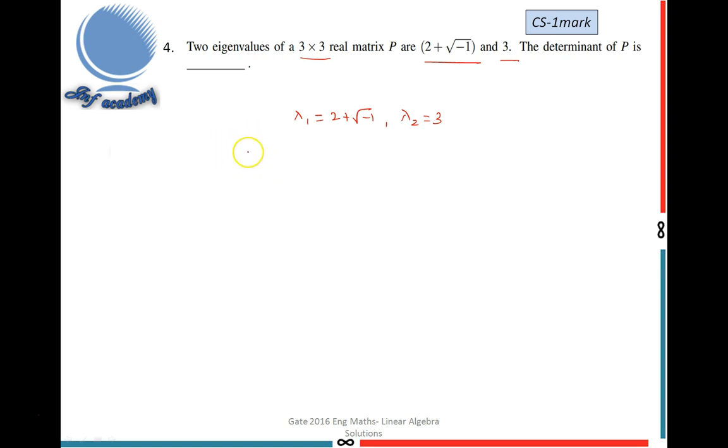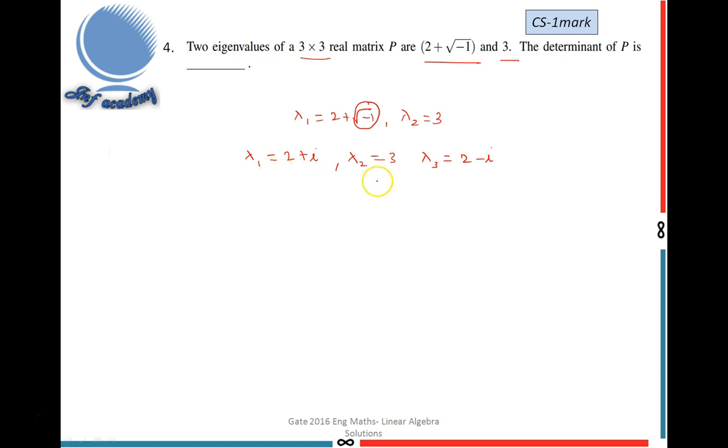So I can say lambda 1 is 2 plus i, root minus 1 means i, then another root of the characteristic equation is 2 minus i, because eigenvalues are the roots of the characteristic equation. So this is one of the roots, then you can immediately say 2 minus i is also a root.